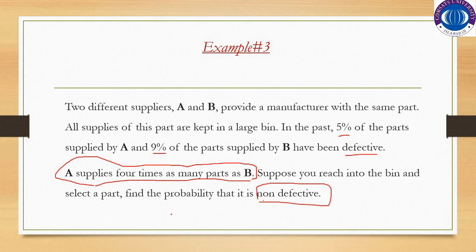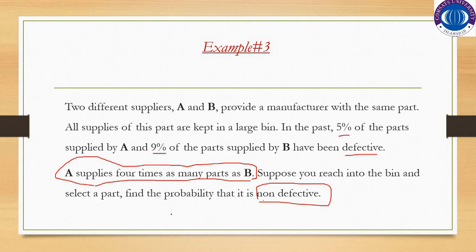So if you concentrate on the example, there are two suppliers, A and B. Each supplies to the manufacturer, and the information given to us is that 5% of the parts supplied by A are defective and 9% of the parts supplied by B are defective.